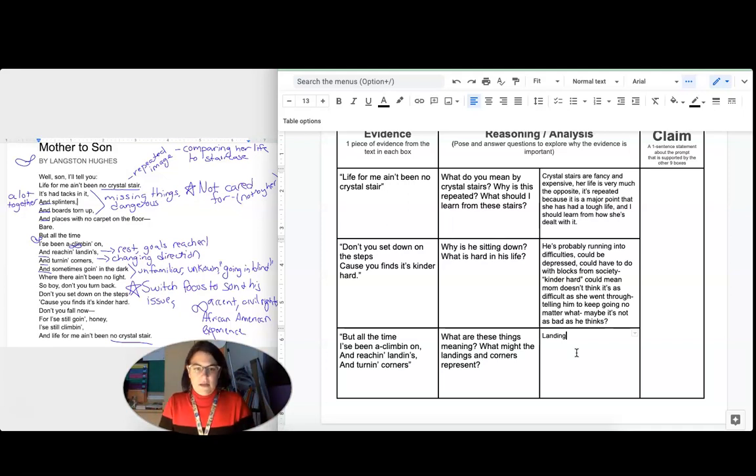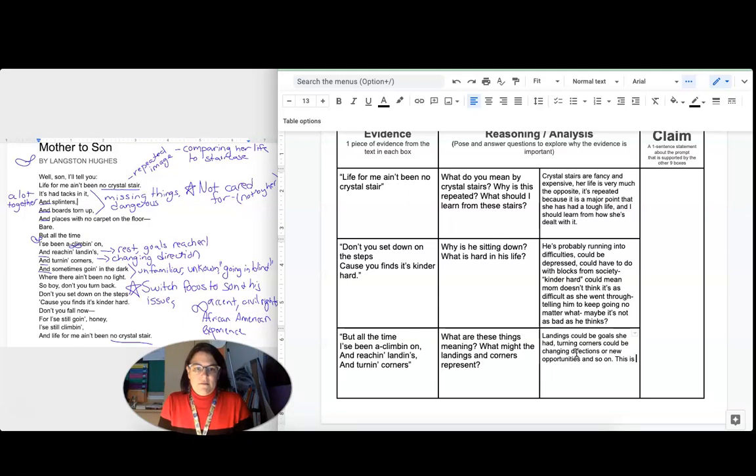Landings could be goals she had, turning corners could be changing directions or new opportunities that she has.